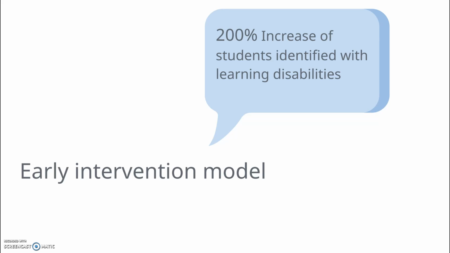Vaughn and Bos say that there has been a 200% increase of students identified with learning disabilities since they began to use the RTI model. So now, students are being identified earlier through the RTI process and provided the appropriate interventions, so more students are able to respond.